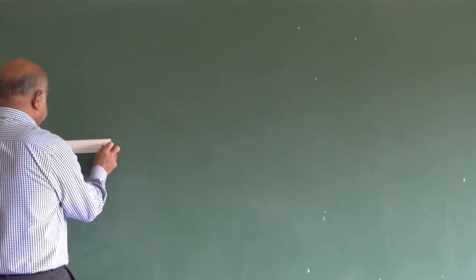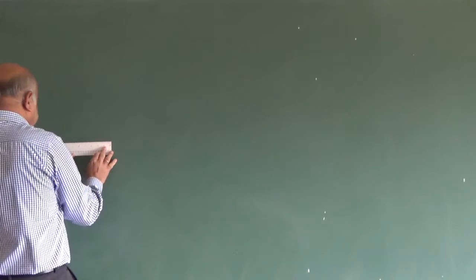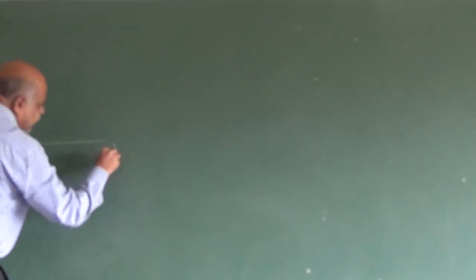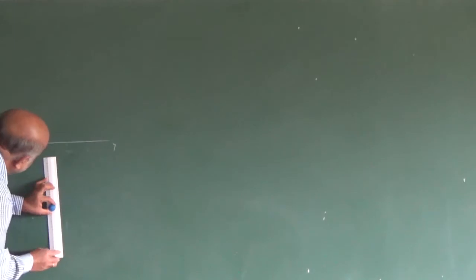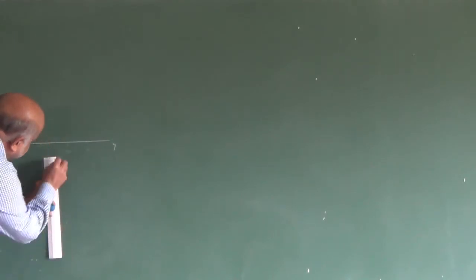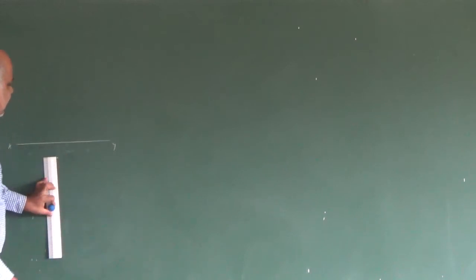First, let us draw the top view. XY. It is a square prism, so it makes equal inclination with respect to VP. All sides are making equal inclination, which means it is just like resting on a corner.